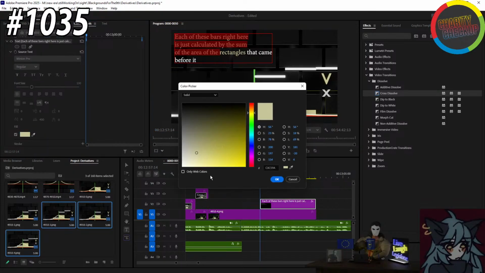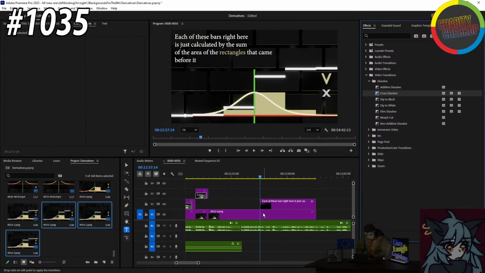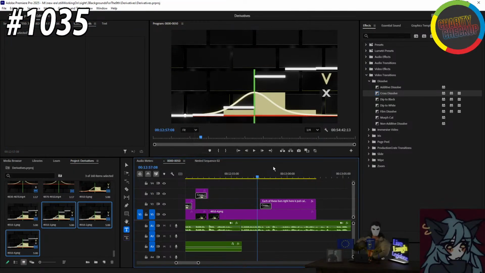This should be white. That's always an easy assumption. If you're trying to think if I am taller than someone, just assume I'm shorter, because most of the time it's gonna be correct.